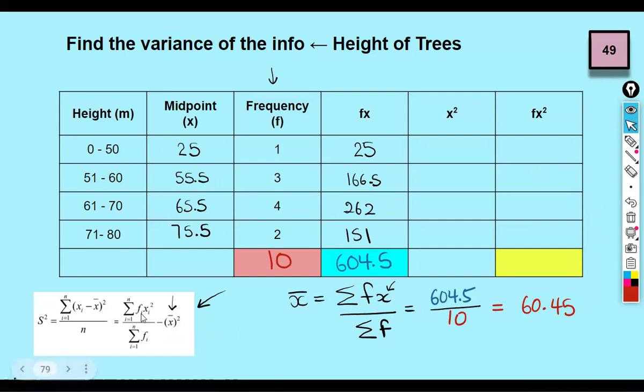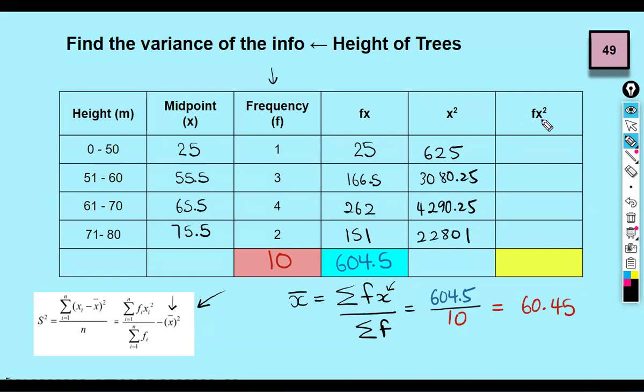But that's only a piece of the question. You have to do the rest of it: find sigma fx squared and divide it by sigma f, and then throw all the values into the formula at the end of the question. Here, the x squared values, let's see what I have. I got 625, 3080.25, 4290.25, and the last one is 22801.